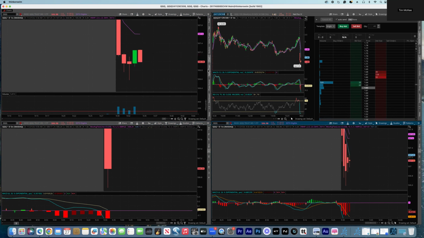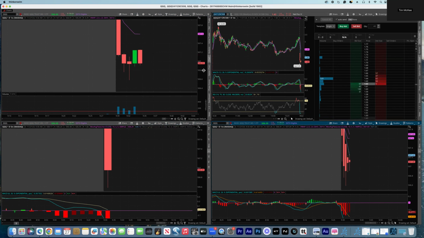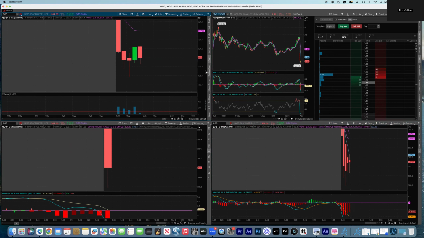Let's see if it's got any more in it before it starts reversing. Looks like it has a second wind going here, but having a problem getting down any further.